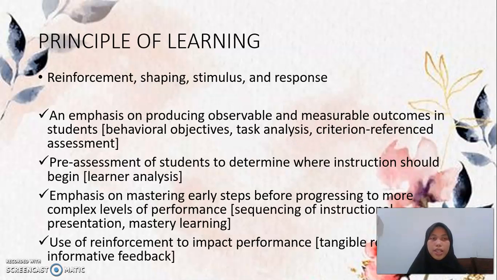Next is principle of learning. In principle of learning, we can see reinforcement, shaping, stimulus, and response. There is an emphasis on producing observable and measurable outcomes in students, like behavioral objectives, task analysis, and criterion-referenced assessment.